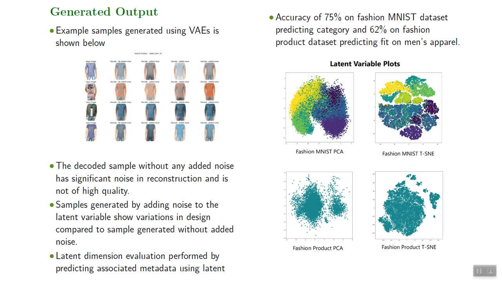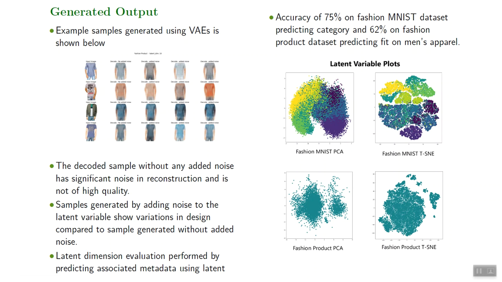Using the latent variables that are generated, I tried to do some simple PCA and t-SNE feature reductions to see if they form any clusters. As you can see over here, on top, we have the PCA and t-SNE outputs for the fashion MNIST dataset. The point cloud is color coded by the product category. There is some clustering that is being presented over here.